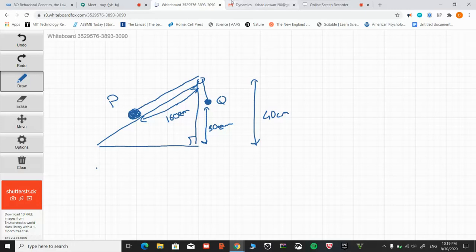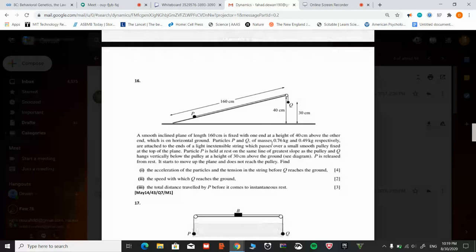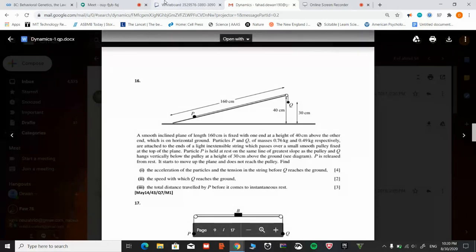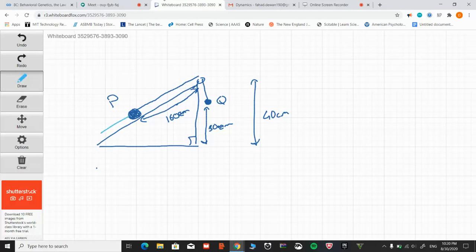Now let's talk about the masses. Particle P is 0.76 kilograms. So mg sine theta, if this was theta.